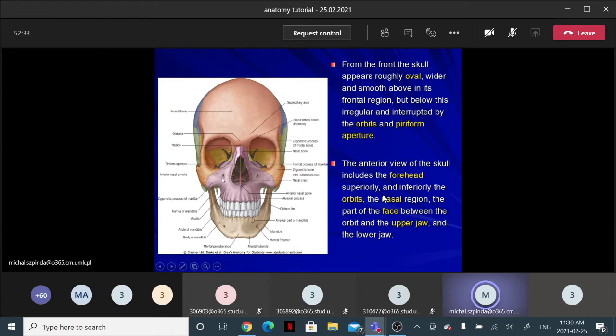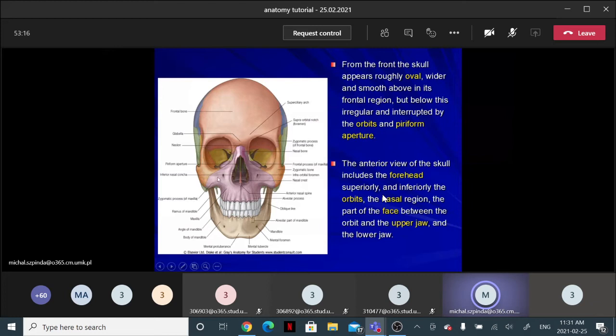The maxillary body sends four processes, three of which are visible in front. Frontal process joins the frontal bone and mostly bounds the piriform aperture. So the piriform aperture is mostly bounded by the maxilla and superiorly by inferior borders of two nasal bones.